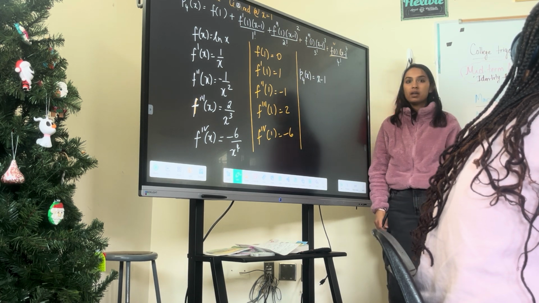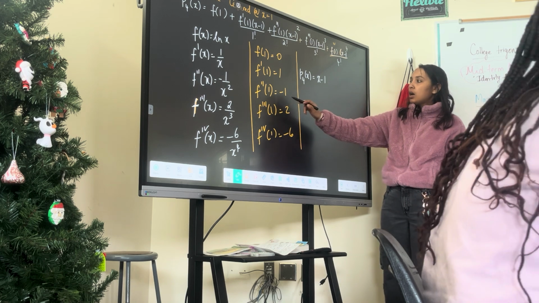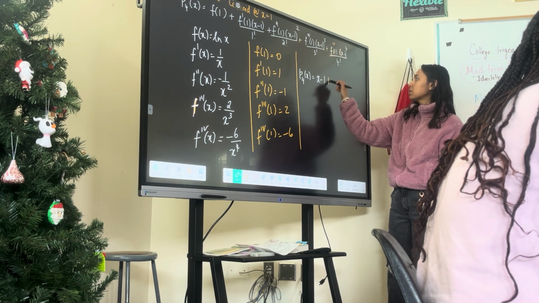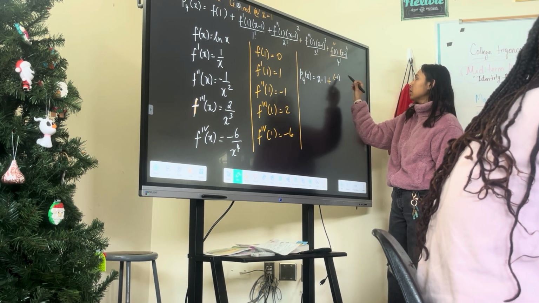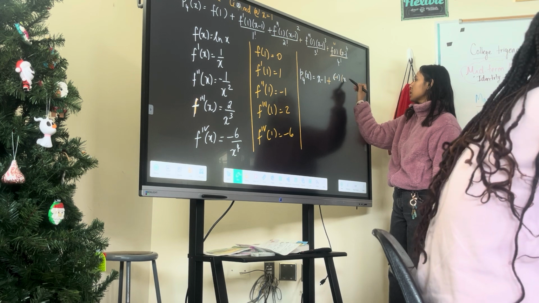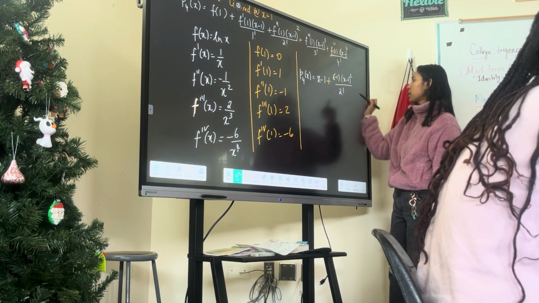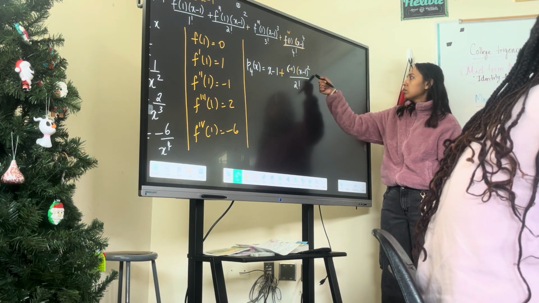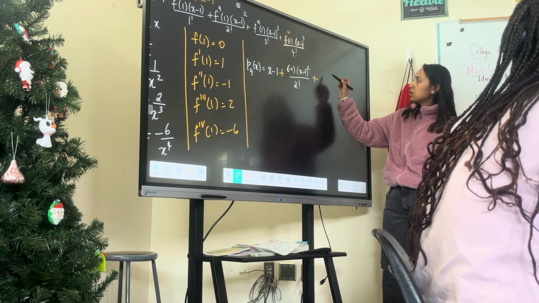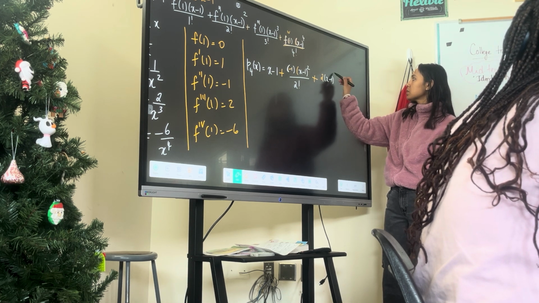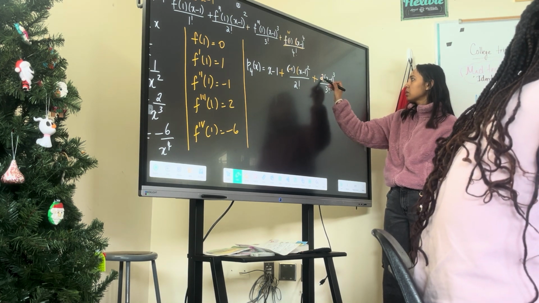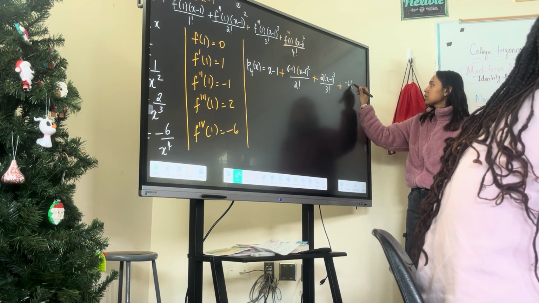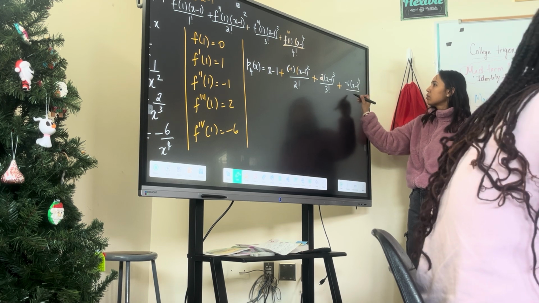I'm just simplifying in my head as I'm doing it. f double prime, okay, I'll show that part, which would be negative 1 times x minus 1 squared over 2 factorial, plus 2 times x minus 1 cubed over 3 factorial, plus negative 6 times x minus 1 to the fourth over 4 factorial.